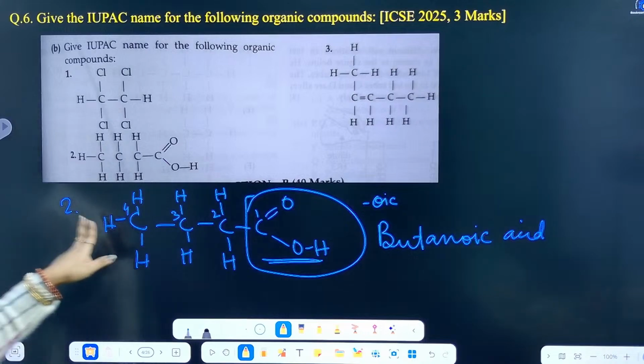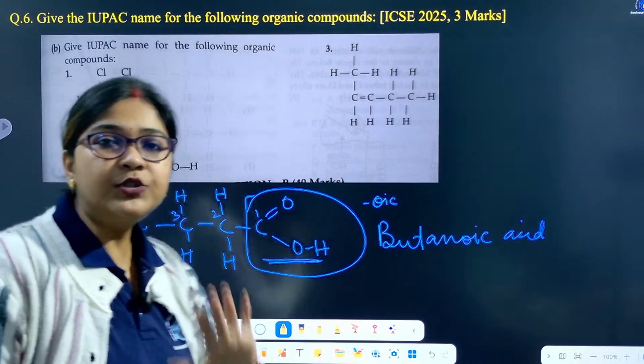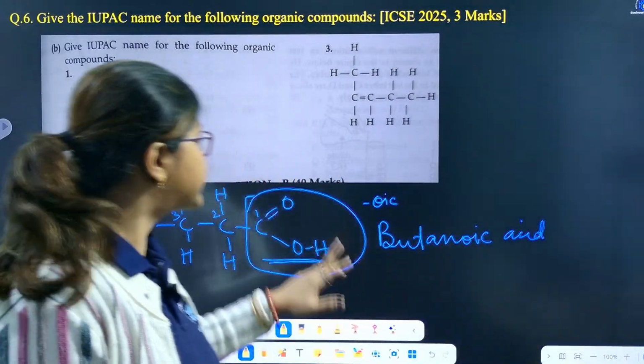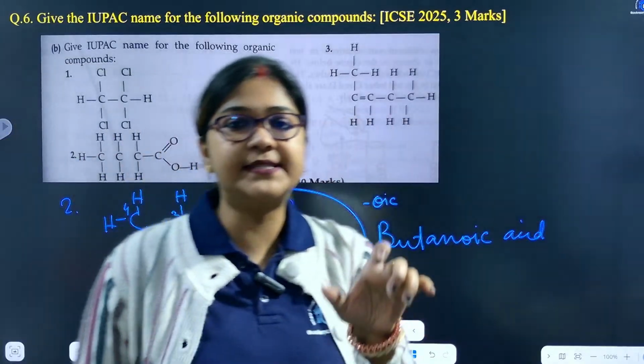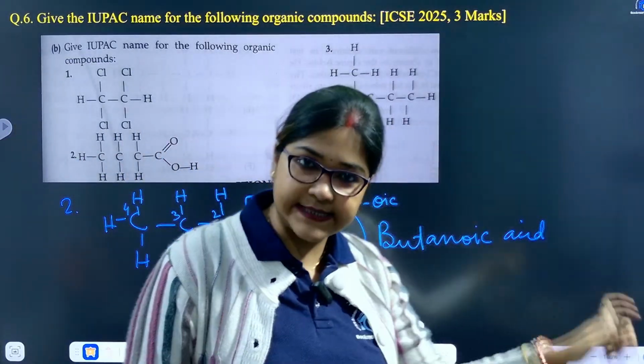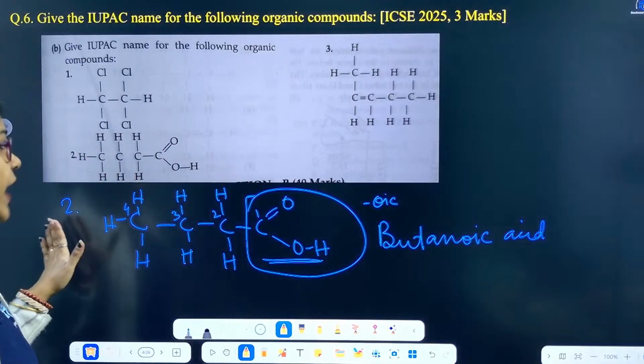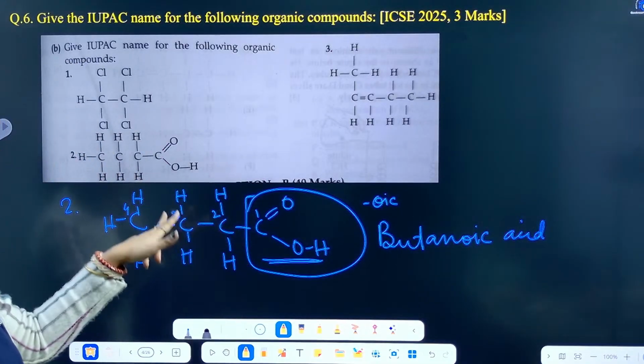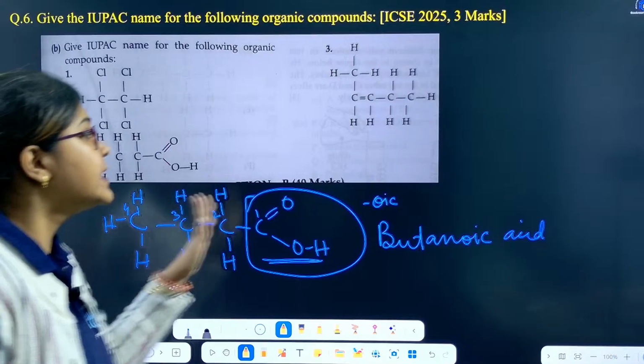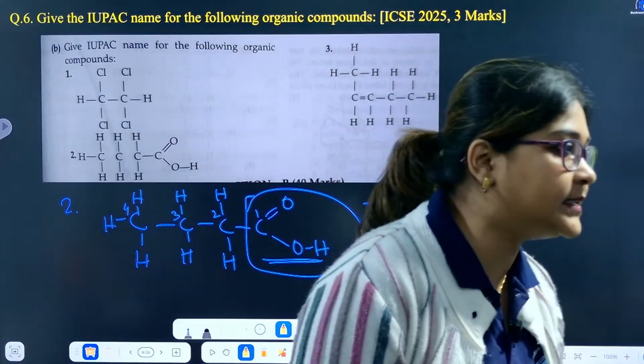Right? So, this is nothing but butanoic acid, because oic represents what? Carboxylic acid. And the number of carbon atoms is 1, 2, 3, 4. Therefore, it is butanoic acid.